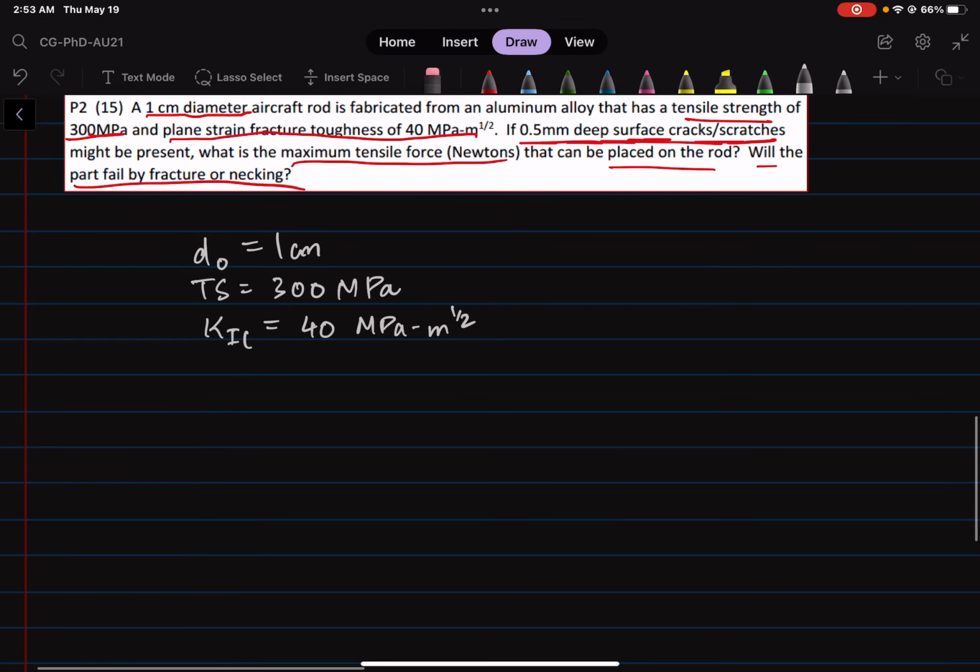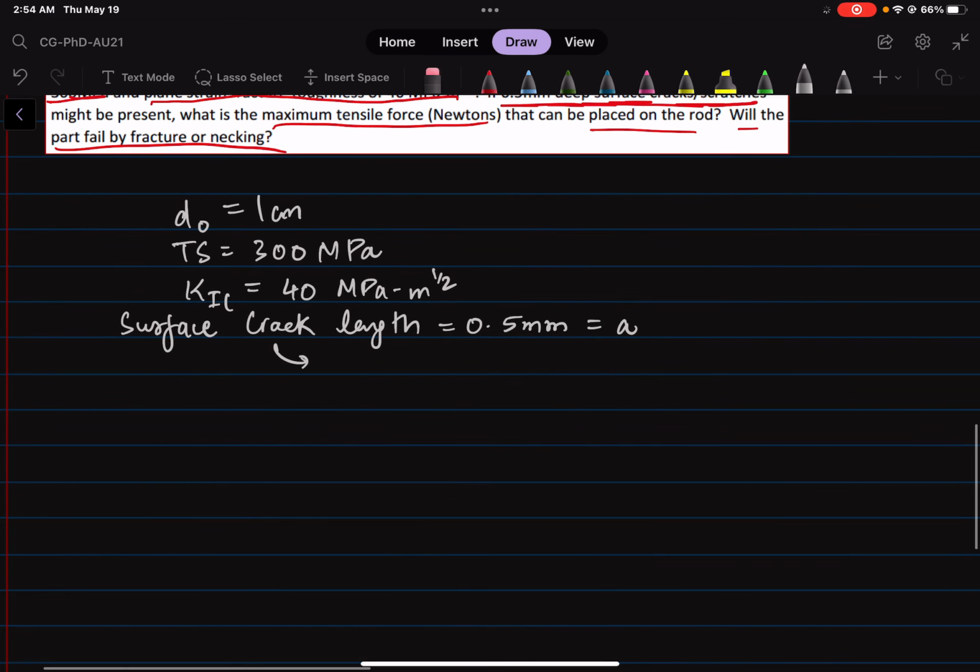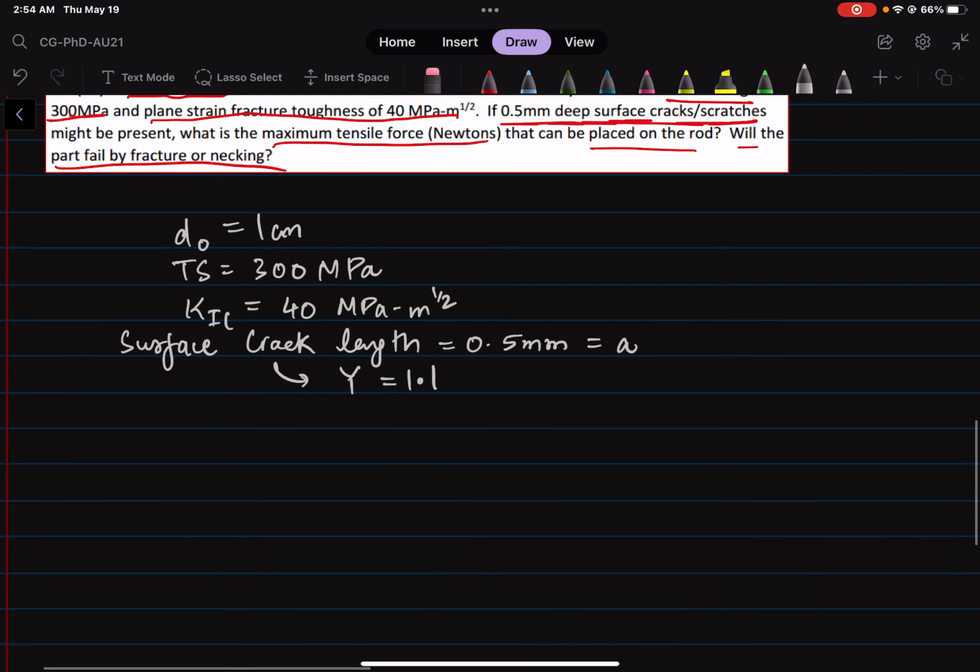Now here it says it's a surface crack, right? So surface crack length is given as 0.5 millimeter. And again, we remember for a surface crack, the crack length corresponds to a. And then again for a surface crack, we know that the Y value is 1.1. And yeah, this is the information that is given to us.